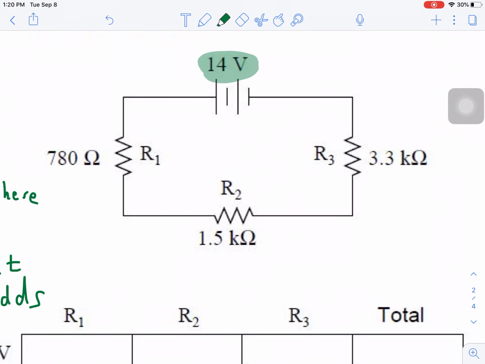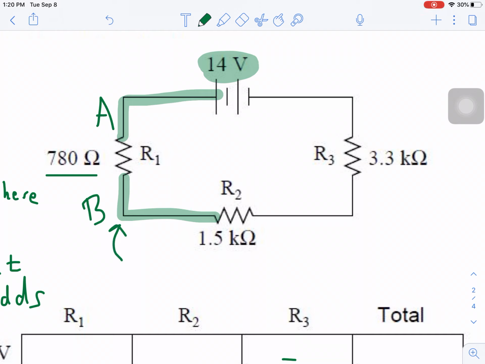You can think about that as our electrical pressure. When electrons leave positive and get to R1, we're going to lose some of that pressure because of this resistance. So if I have 14 volts of pressure, I might have only 10 volts of pressure after this resistor. So we'll say at point A and point B, the pressure or voltage here at B will be less than it is at A because the electrons are going to have a hard time getting through that resistor.